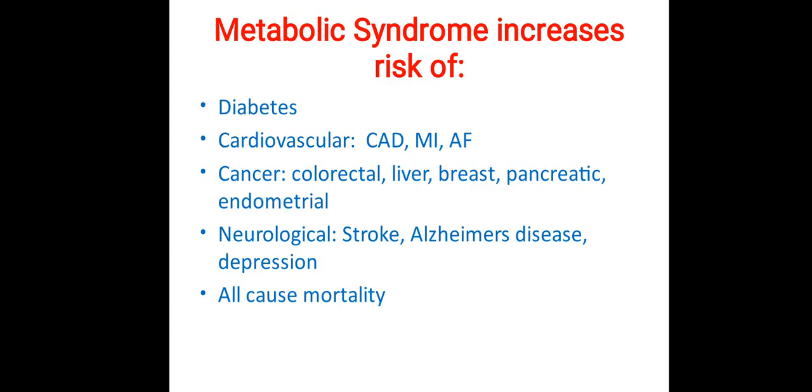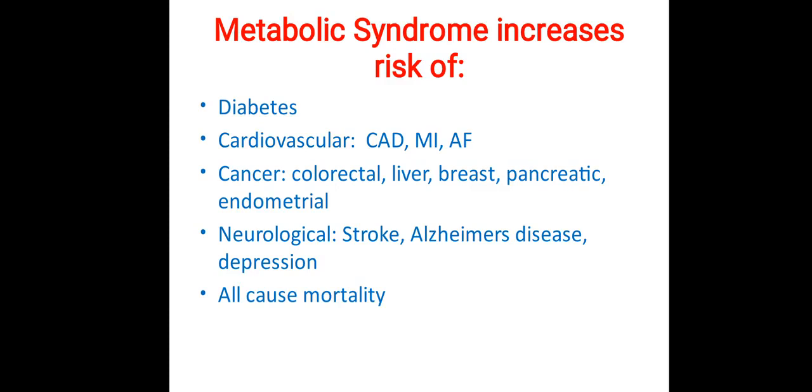First of all, diabetes mellitus, cardiovascular disease, including coronary artery disease, MI, myocardial infarction, atrial fibrillation, congestive heart failure, and cancer. Several types of cancer can occur in patients with metabolic syndrome, such as colorectal, liver cancer, breast cancer, pancreatic and endometrial cancer.